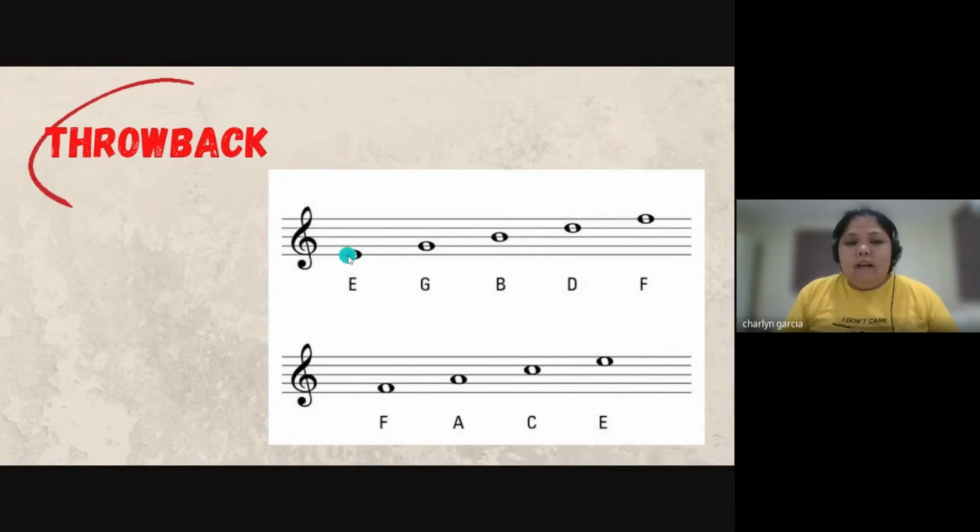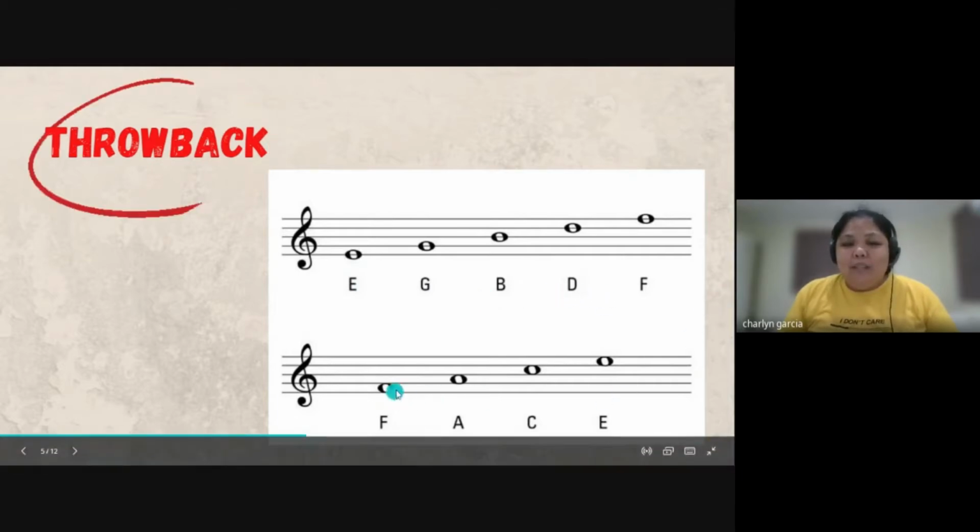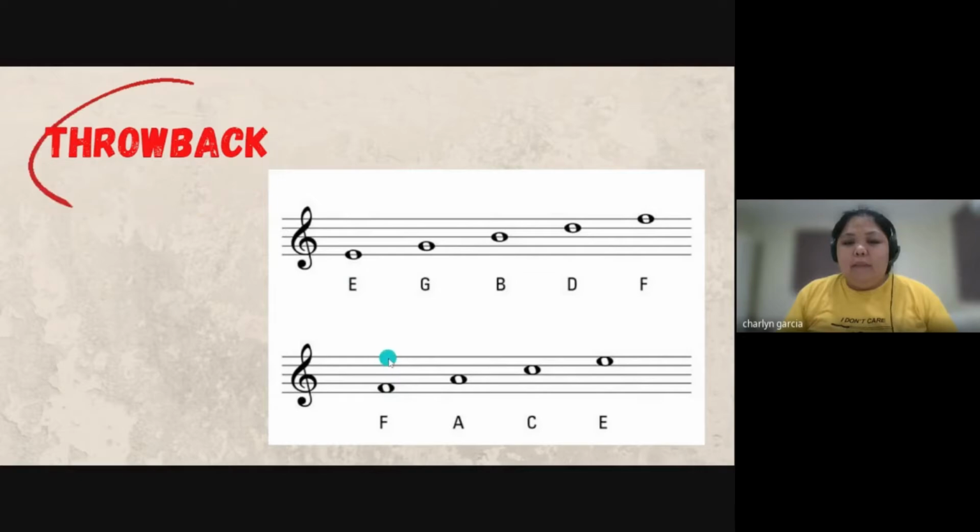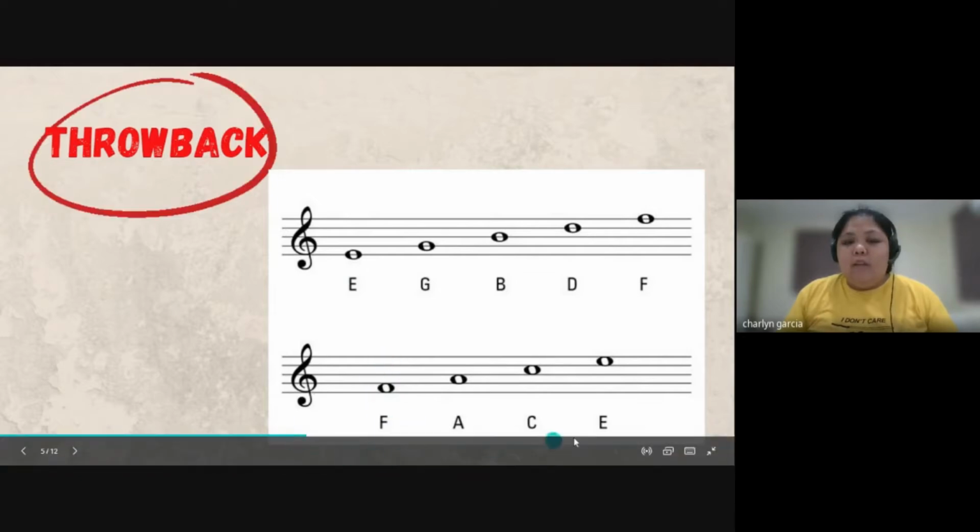So, this first line is E, second line is G, third line is B, fourth line is D, and fifth line is F. So, ito yung every good boy does fine. Does it ring a bell? Ito namang spaces sa ledger, first space is F, second space is A, third space is C, and the fourth space is E. So, ayan naman yung phase.